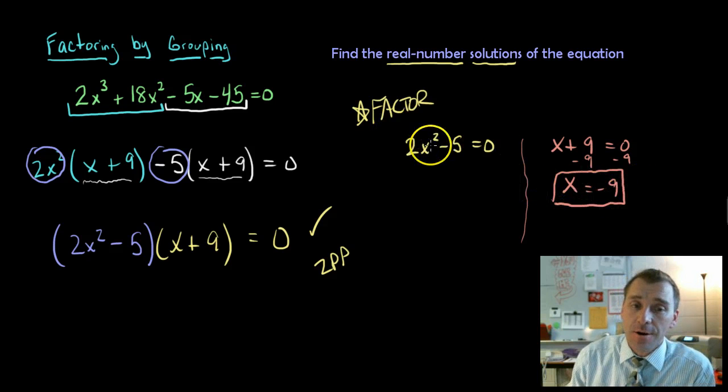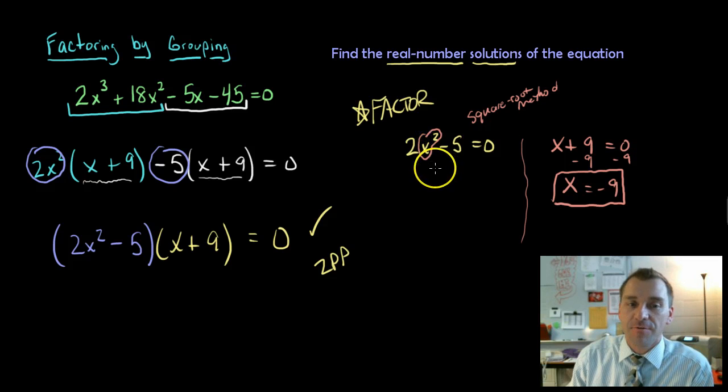Now over here, oh boy, notice this. This goes back a couple moons ago now. I have just one visible x squared. What does that indicate to you? That's right. We're going to use the square root method to solve this bad boy. Remember, that means I got to get this thing right here by itself first.